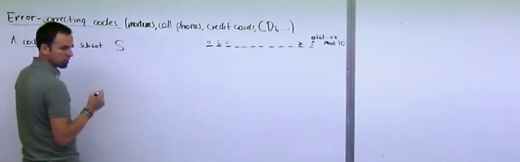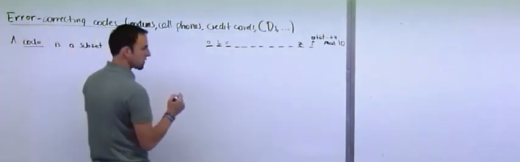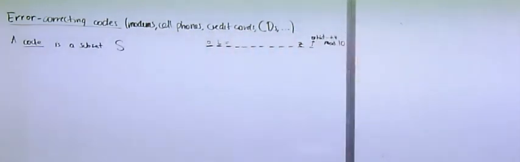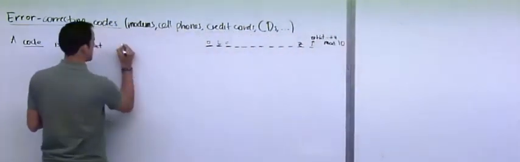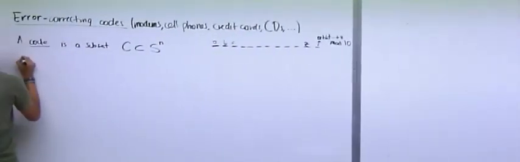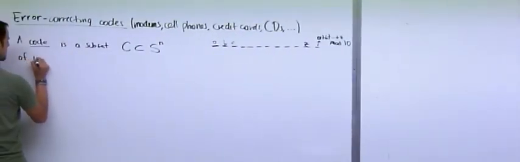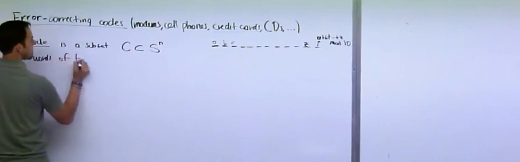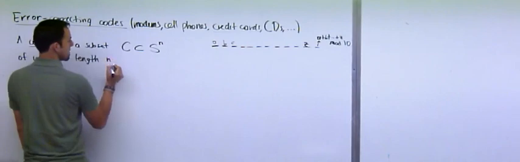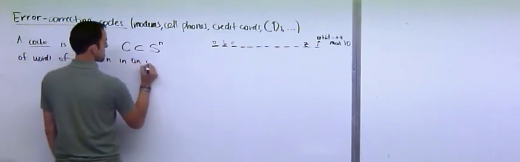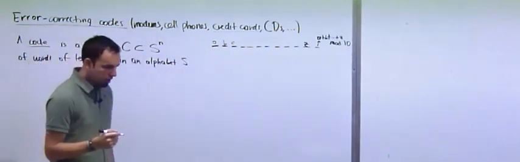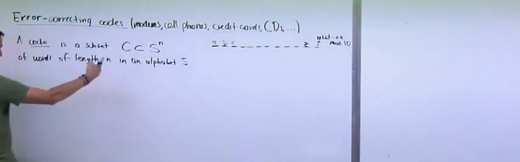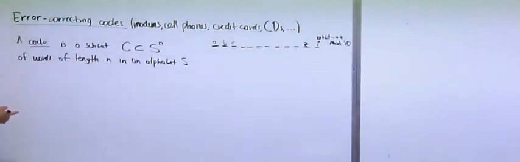Actually, I'm going to call it C for code, a set of words of length n in an alphabet S. And you know that, for example, for computers, the alphabet is 0 and 1.